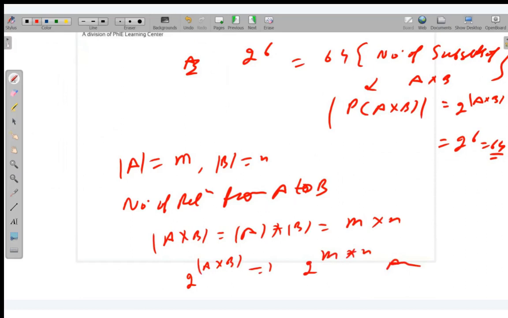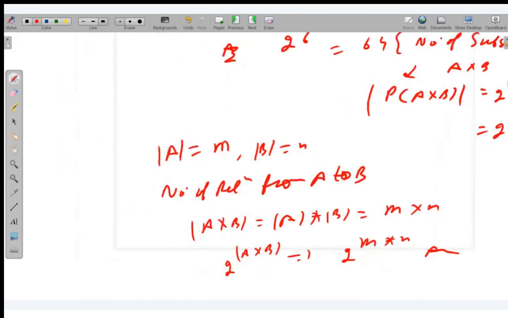Similarly, they can give you the question: number of relations from B to A. Same answer. If I want to write it, it is very simple. Number of relations from B to A. So from B to A, I will say B cross A cardinality. I am doing baby steps.